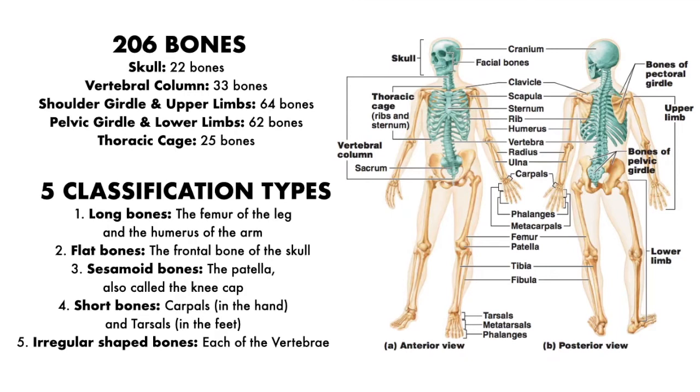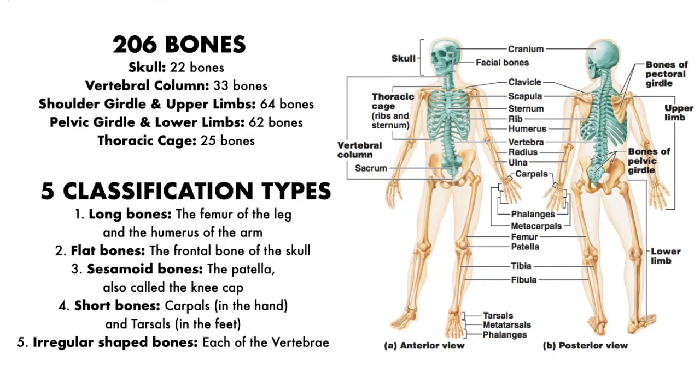Now, we already talked about the long bone a little bit before, but there are 5 classification types. There's long bones, which include the femur, the humerus of the arm, the radius, ulna, tibia, fibula. We have flat bones, which primarily make up the skull.